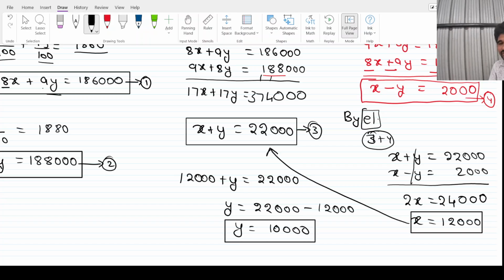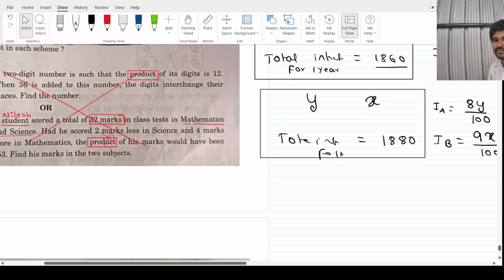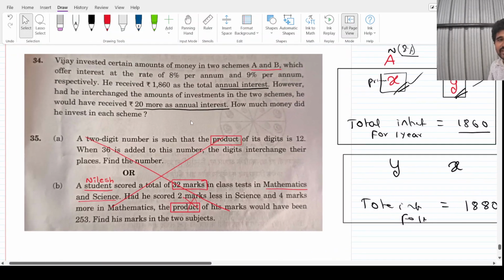Is that clear for everybody? y is equal to how much? 10,000. The question is lengthy, but it's not tough. Clear? How much money did he invest in each scheme? Therefore, write the final one.